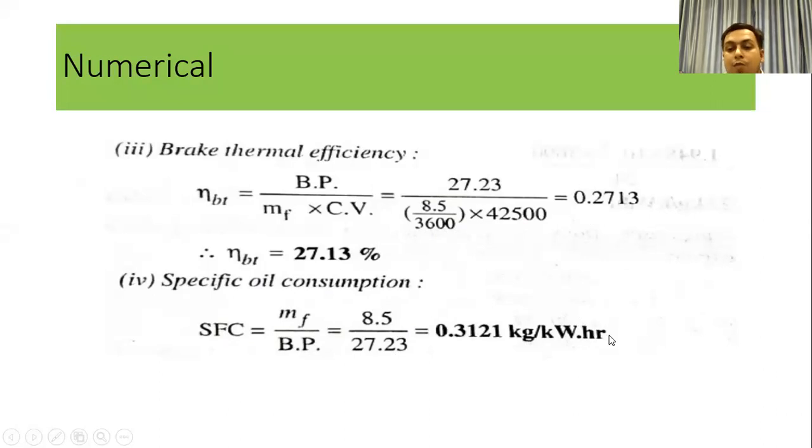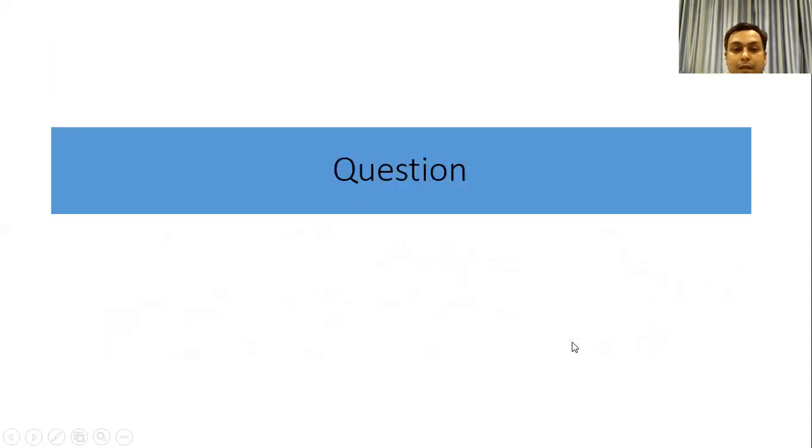So here we need to calculate the specific fuel consumption in kg per kWh, so no need to convert the mass flow rate of fuel from kg per hour into kg per second. So finally you get the specific fuel consumption is 0.3121 kg per kWh.